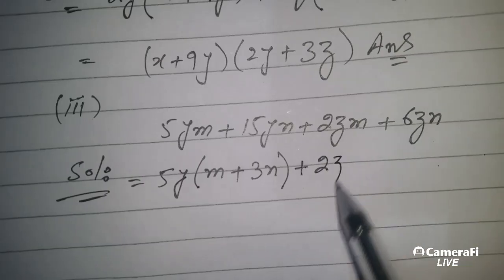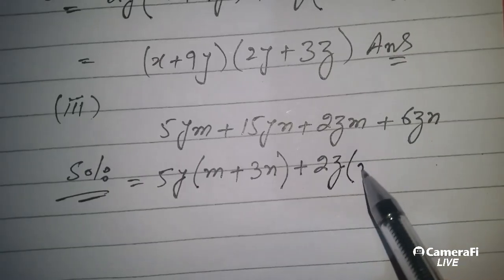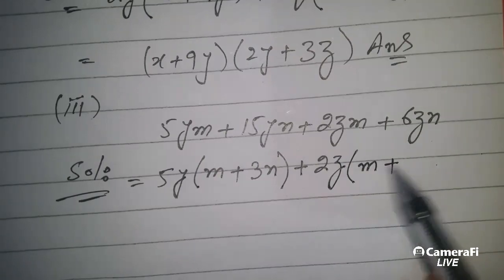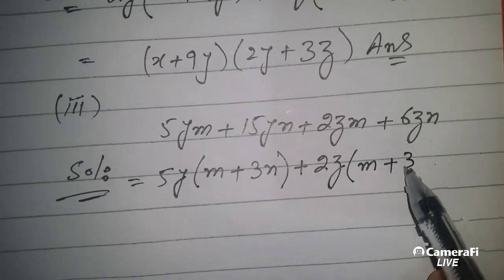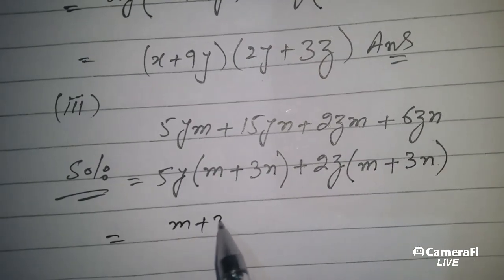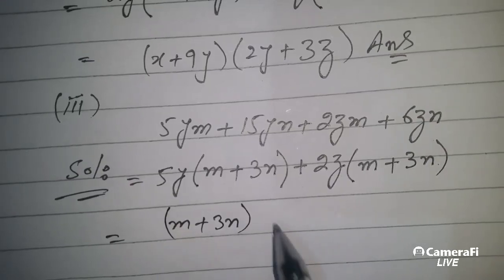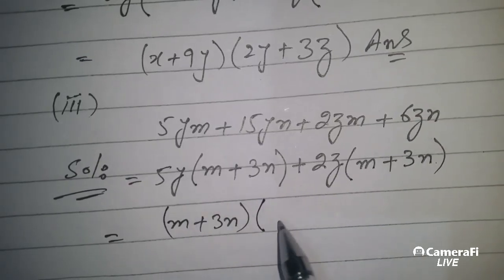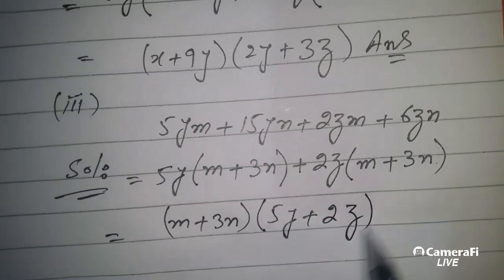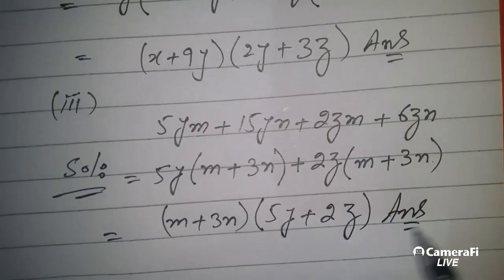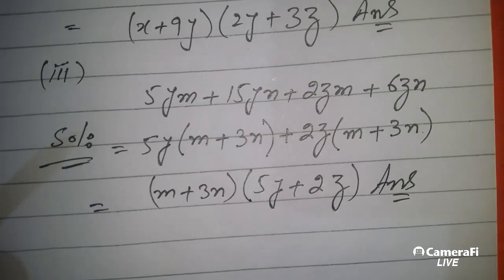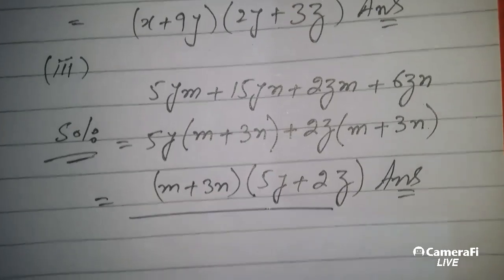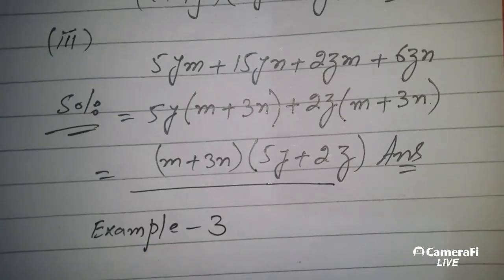And z also can be taken as a common factor. What is left is m plus 2 3s are 6 and n. m plus 3n can be taken as common from these two terms. What is left is 2z. So example number 2 is also completed. Let's move to another example.